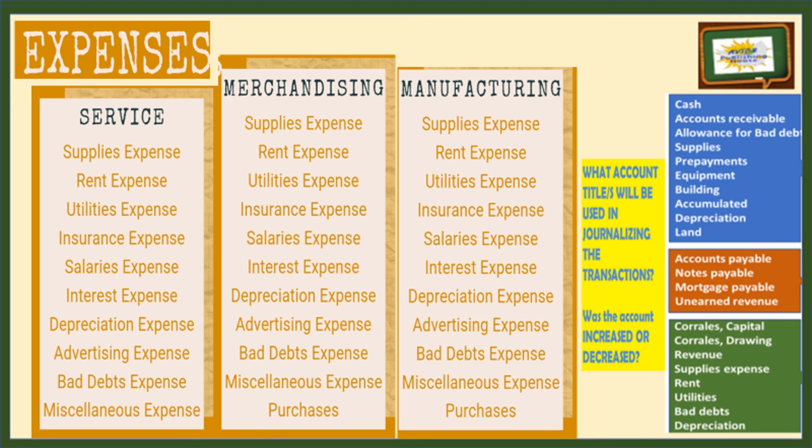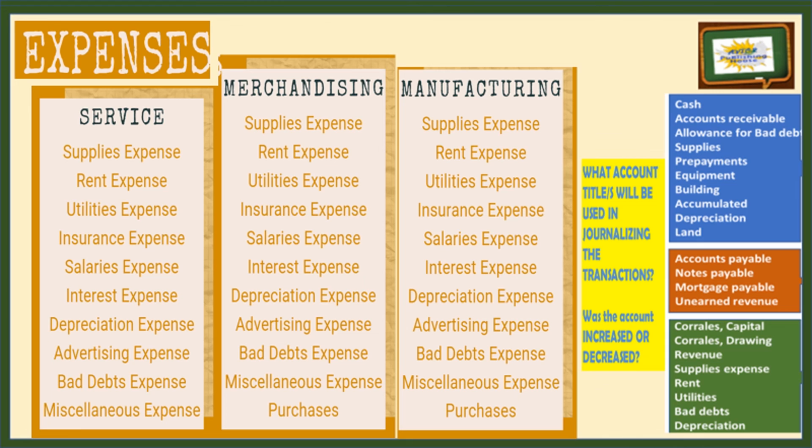You don't use the account purchases in service. You just use supplies expense. But when you are in merchandising, you have the account purchases. The same way with manufacturing. So when it comes to expense, service has no purchases account, but merchandising and manufacturing have a purchases account.